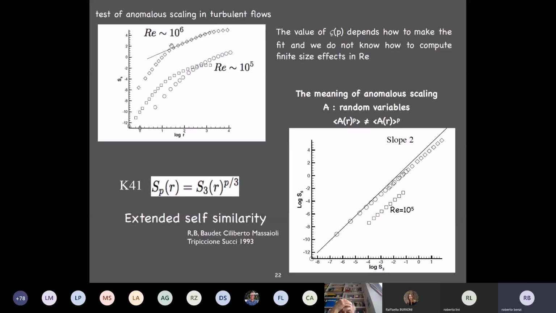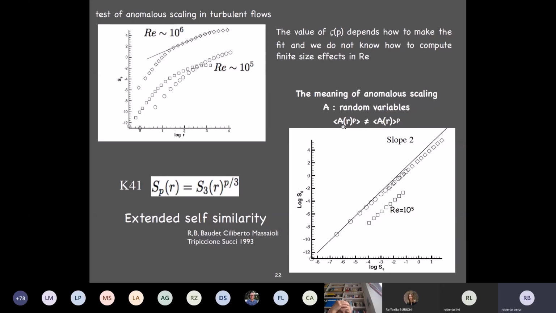So the idea came that in order to observe anomalous scaling, which is the point that we are looking at, when the Reynolds number is not extremely large, the very simple thing that you can do is to look at any scaling quantity, r to the power p, with respect to the same quantity at the power p.